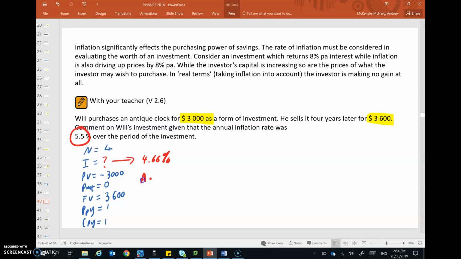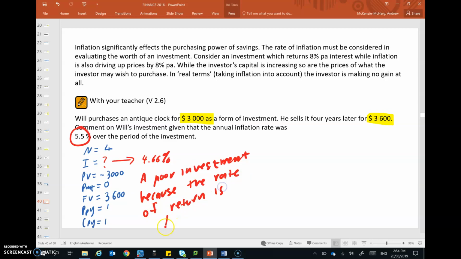So a poor investment, because the rate of return is lower than the rate of inflation. So that's something we could write as we comment on this investment. That rate of return that Will got needs to be bigger than the rate of inflation.